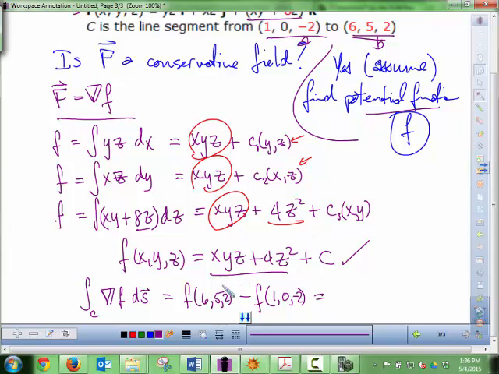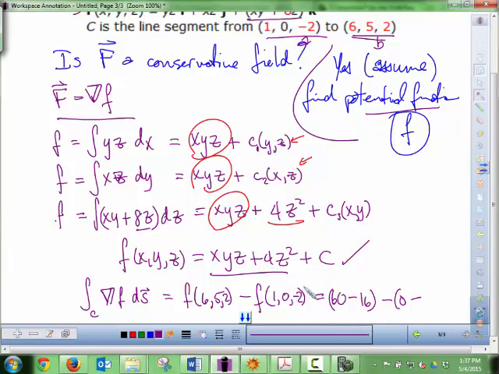Oh, that gets big. 6 times 5 is 30 times 2 is 60. Minus z squared is 4 times 4 is 16. And then, so that's the first one. And then we put 1, 0, negative 2. I guess that first term is going to be 0.